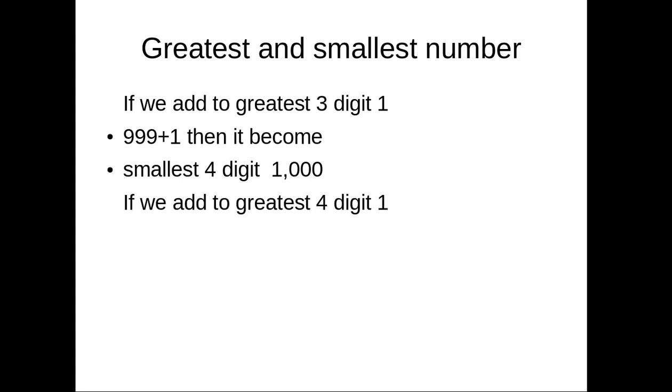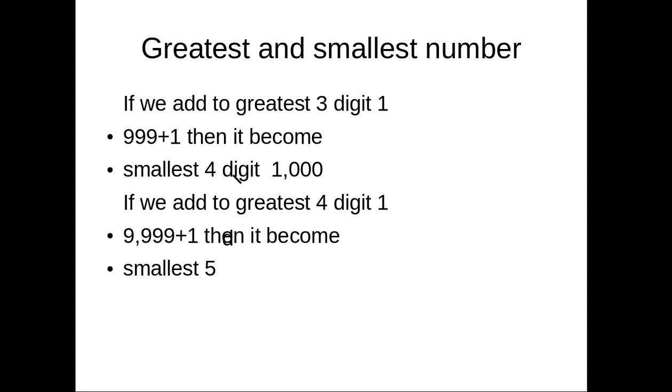If we add 1 to the greatest 4 digit number, that means 9999, then it becomes the smallest 5 digit number, that is 10,000.